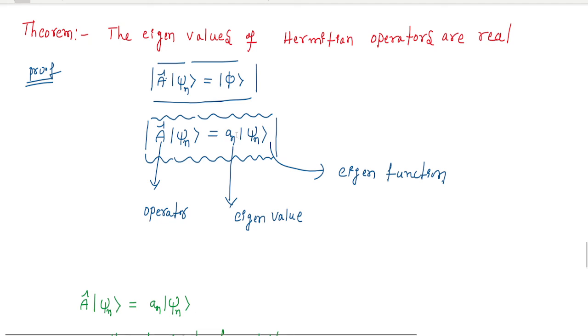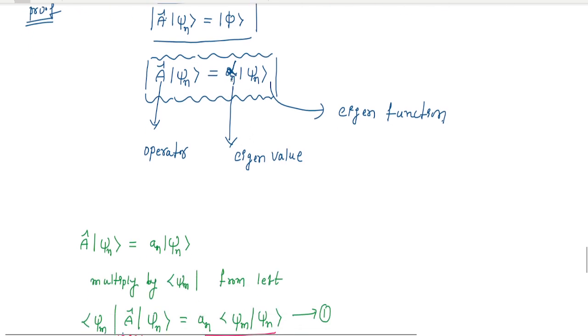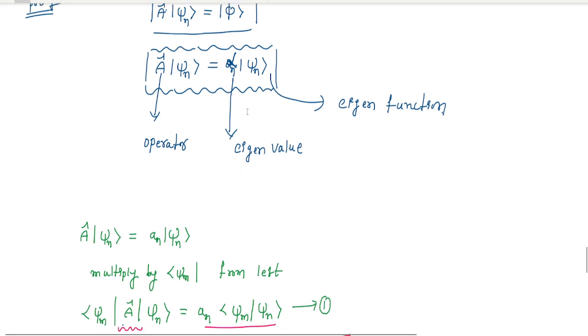Here the constant is a with suffix n, small a_n. In case you are going to confuse this a with the operator, you can use the constant alpha here. So this small a is the number, a real number, a scalar number, the eigenvalue of this equation.